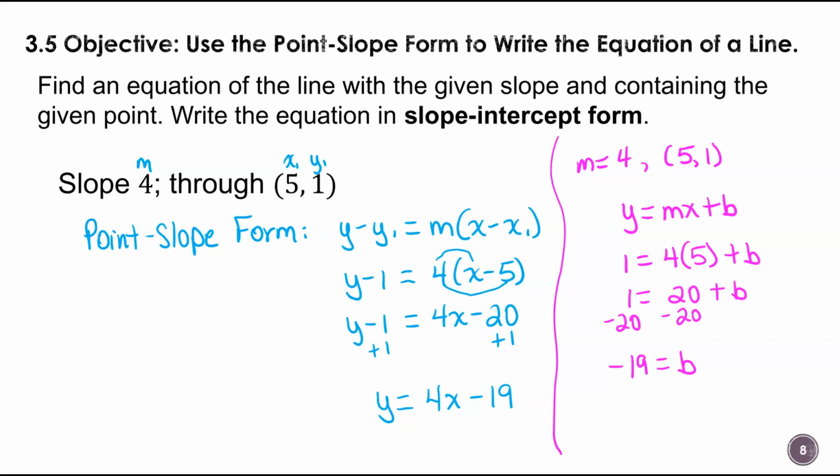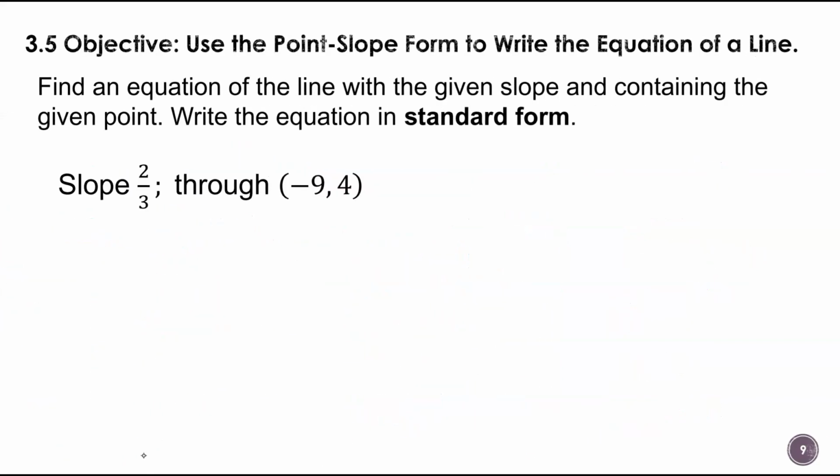I already knew my slope was 4, so you can see that either way we get the same equation. These are two different methods. I honestly don't mind you using either method. I do feel that if you struggle with this a little bit, then you might do better with point slope, and that's actually the one I'm going to show the most.